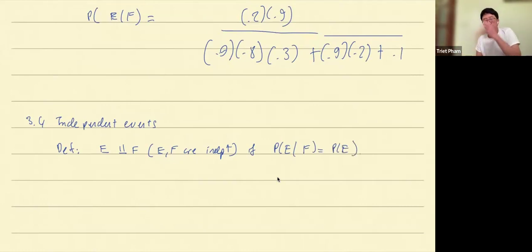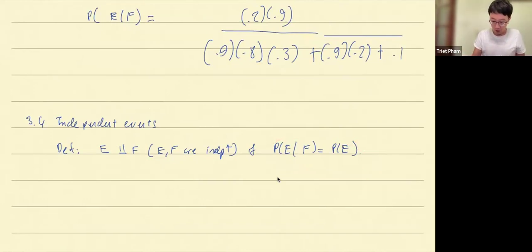And like I said, it depends on your angle. Some people will take this as a consequence of their definition of independence. Or I will take this as the definition and derive the other one as a consequence. So the reason is I think intuitively my definition makes more sense.